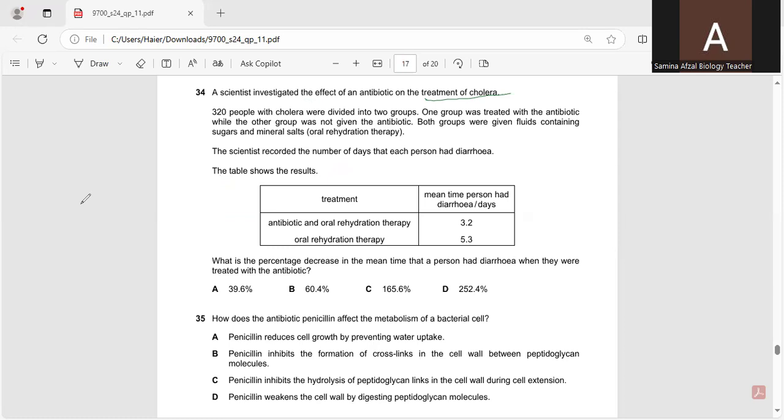The scientists recorded the number of days that each person had diarrhea. The table shows the result. Antibiotic and oral dehydration therapy is 3.2 mean time a person had diarrhea. Oral dehydration therapy alone is 5.3. So you can see the original value is 5.3, so we will do 5.3 minus 3.2.